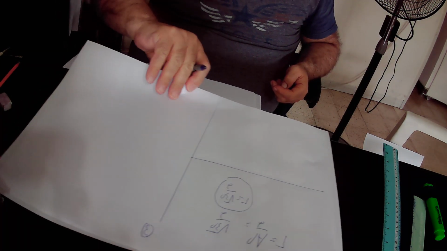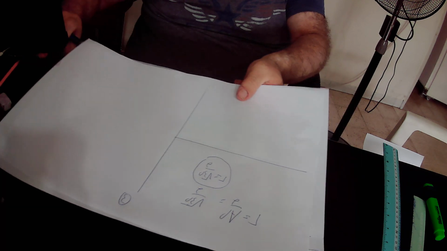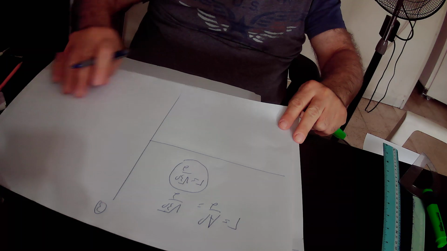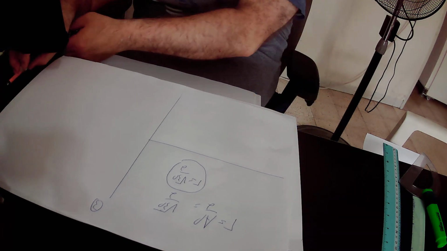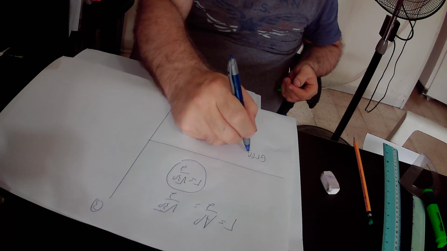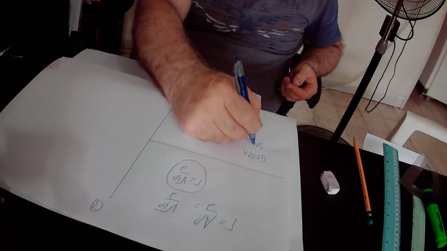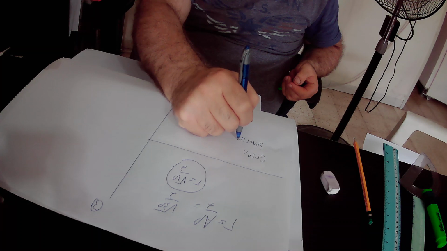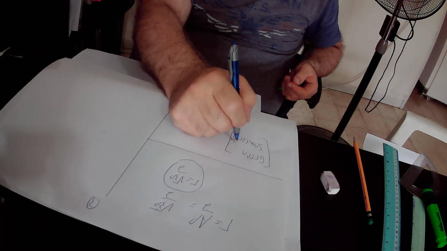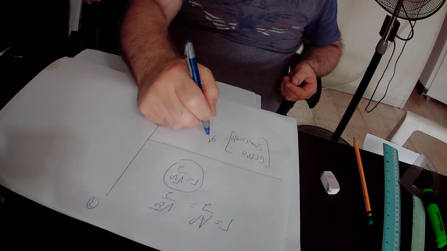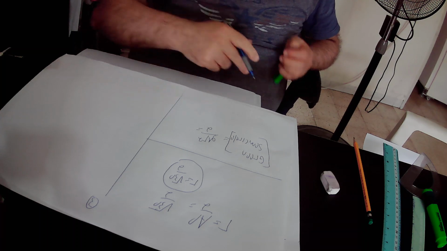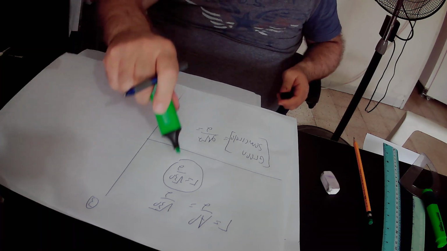The area of the green semicircle equals pi r squared over 2, where R equals the square root of 30 over 2.